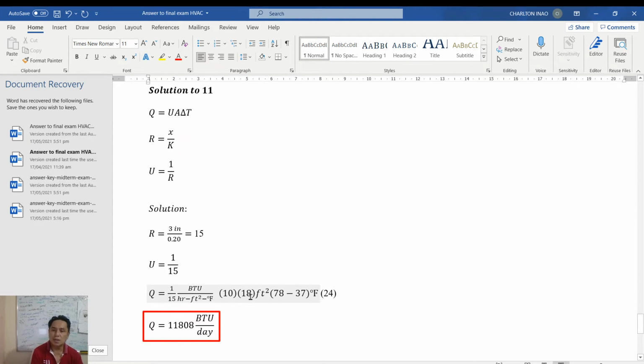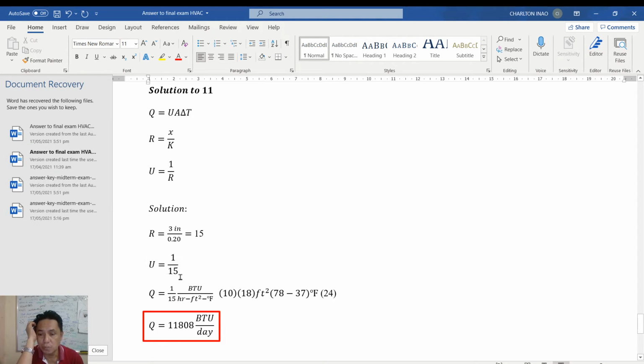So this is another calculation, Q equals U A delta T. So we just have the value because the K is there, and U is the resistance, and X is there and K. So 1 over R. There's an inverse relation with respect to R and K. So U is 1 over R, then 3 inches over 20 is 15.